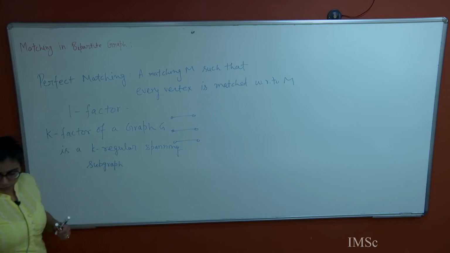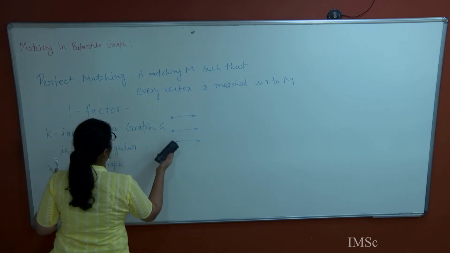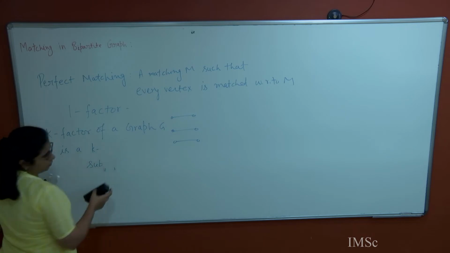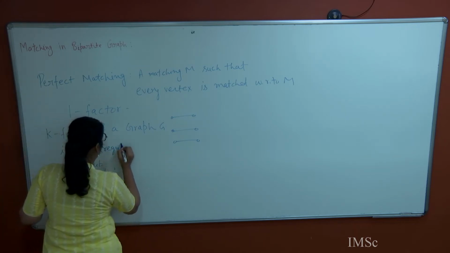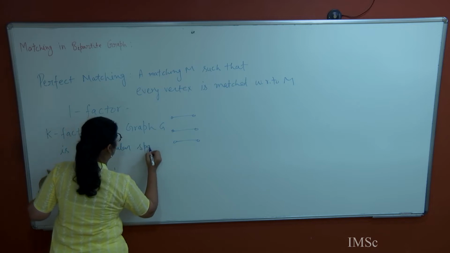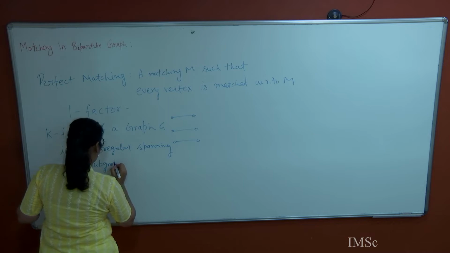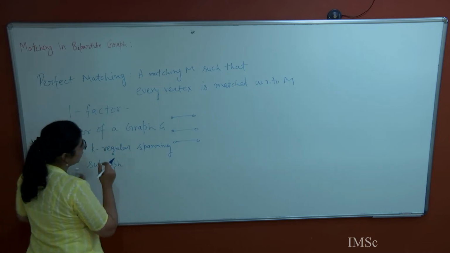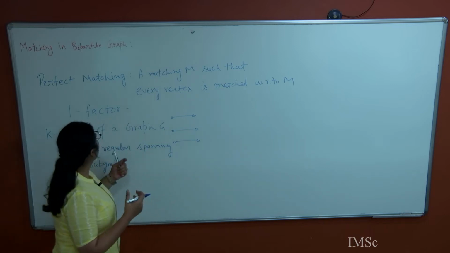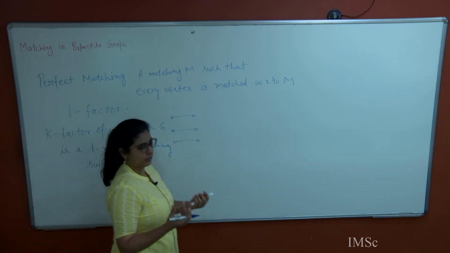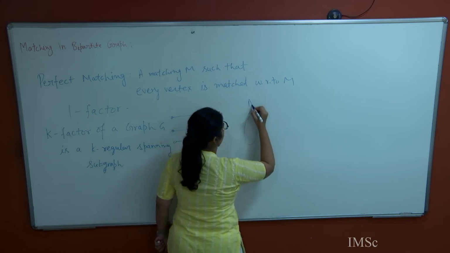Okay, so in a bipartite graph, what can we say about perfect matching? What would be the necessary condition? You have been given a bipartite graph.